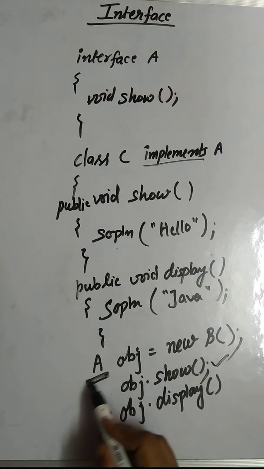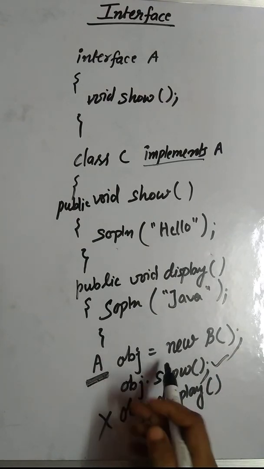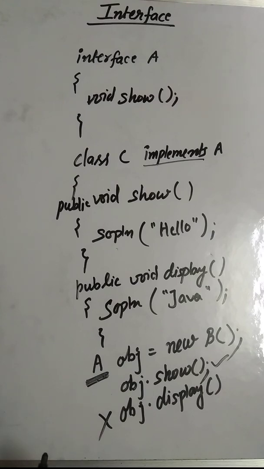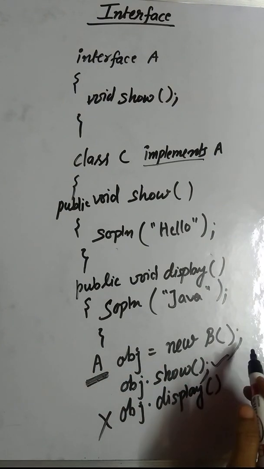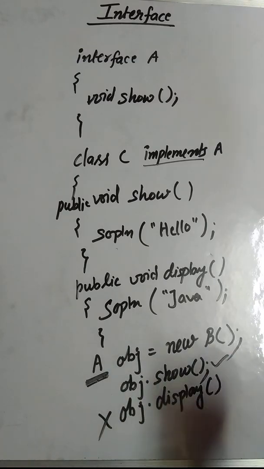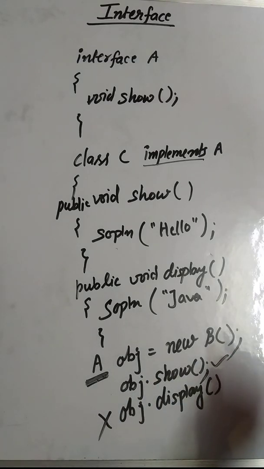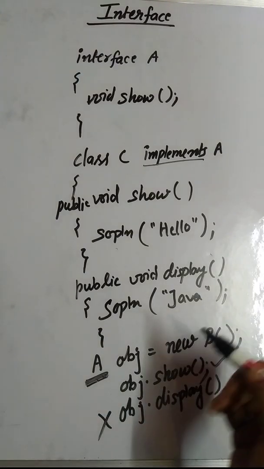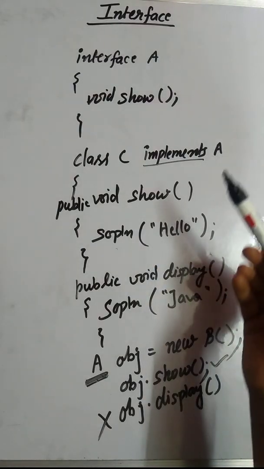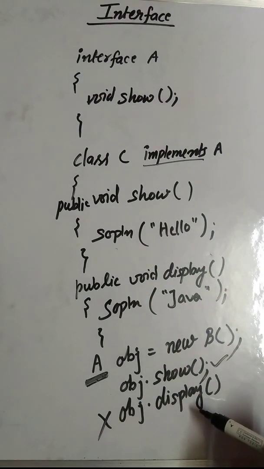How can we print this type of method? By passing the reference, not creating the object directly, because we cannot create the object. So the interface provides security. If we want to print only the method of the interface, we can do it like this.